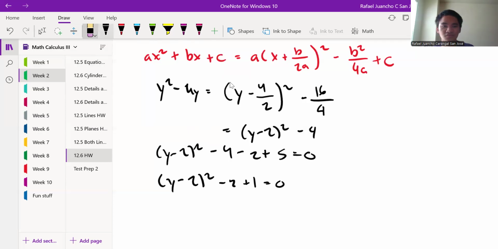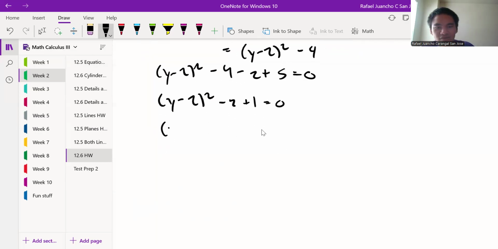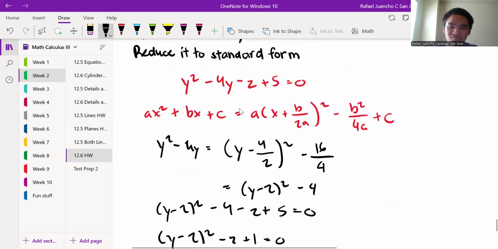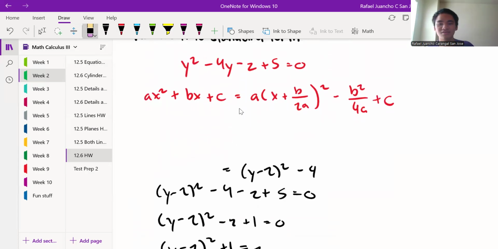Oh, I can put the negative one. If I do that, now I have y minus 2 squared plus 1 equals z. And then, oh, I have a quadratic. I should have just realized it was a quadratic. I didn't even need to complete the square.